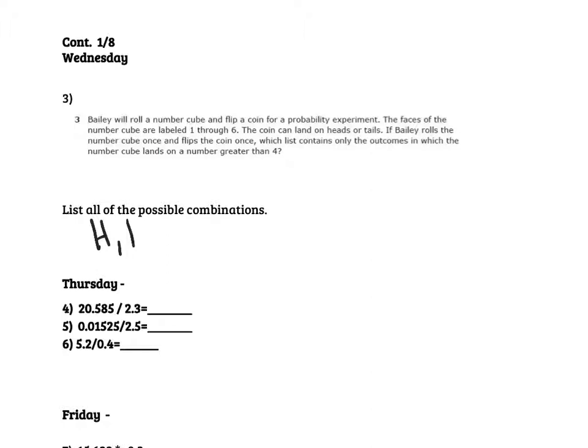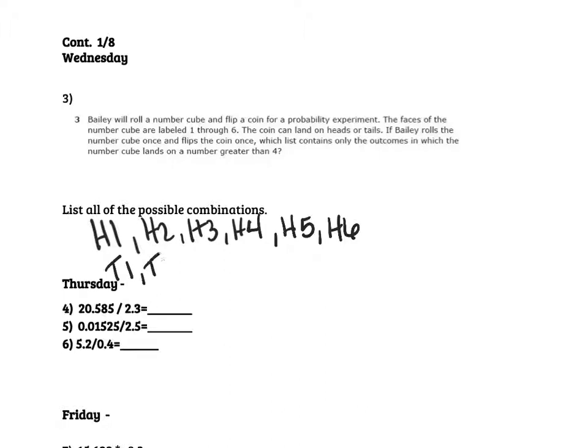Oops, sorry, I wrote that wrong. Let's go again. Heads 1, heads 2, heads 3, heads 4, heads 5, and heads 6. Now, my other options are going to be tails 1, tails 2, tails 3, tails 4, tails 5, and tails 6.